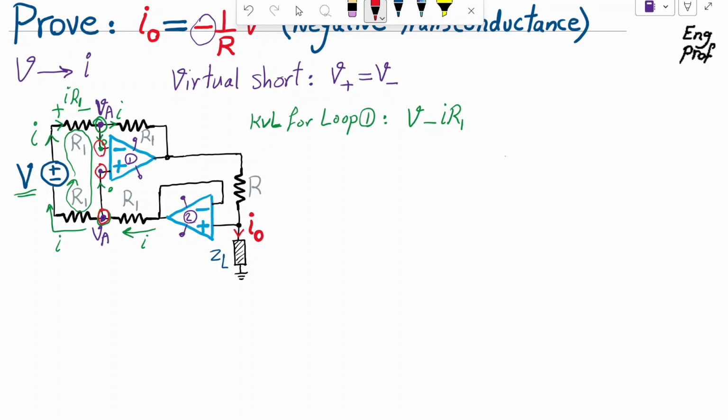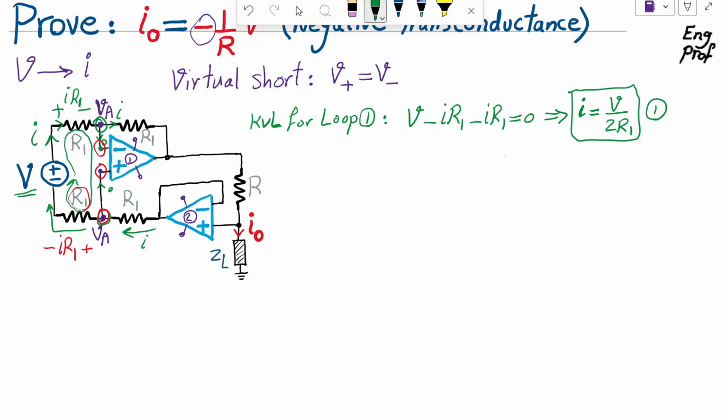So I get down to this point, and then I have another IR1 drop, because it's the same R1 resistor. So then I have another IR1 drop, and I get back to the input voltage source V. So as a result of this, I can say this I that is flowing to the left-hand side of the circuit is effectively equal to V divided by 2R1. That's equation 1, let's say.